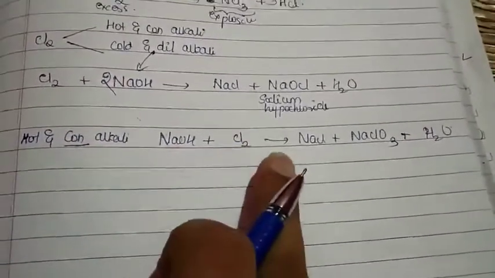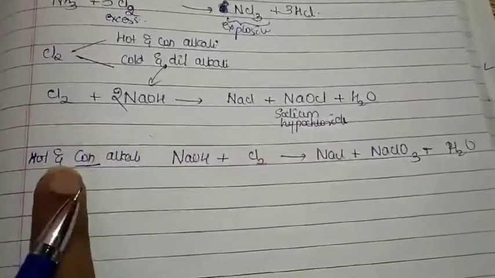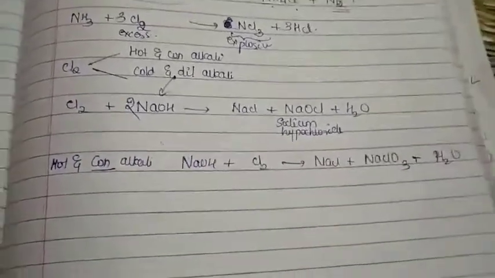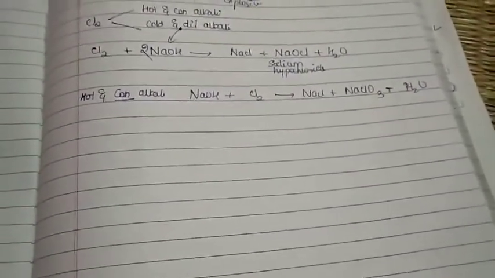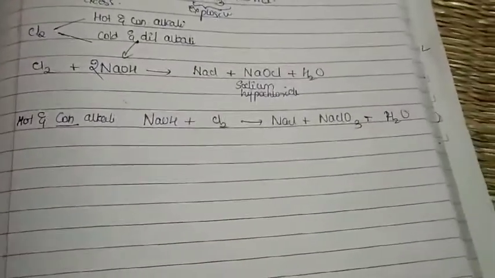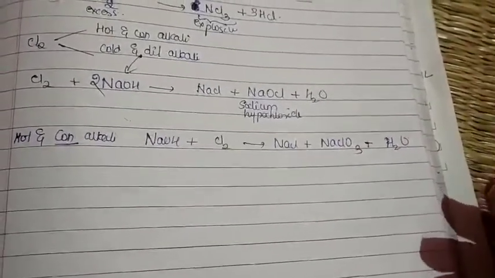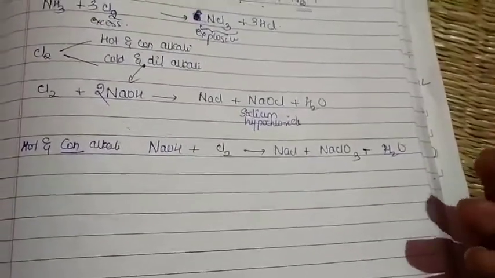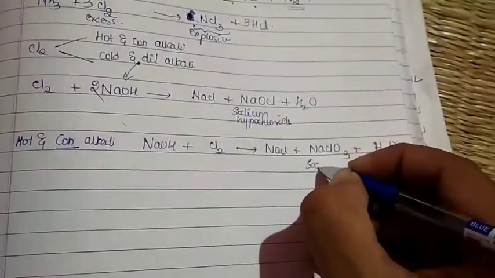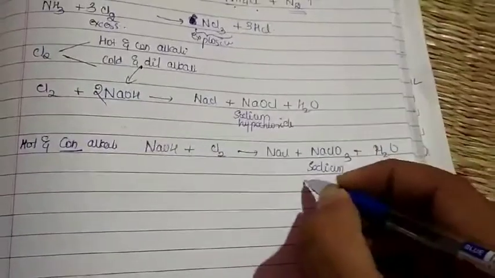Remember, when treating with cold and dilute alkali we got hypochlorite, whereas with hot and concentrated alkali you get chlorate, basically sodium chlorate.